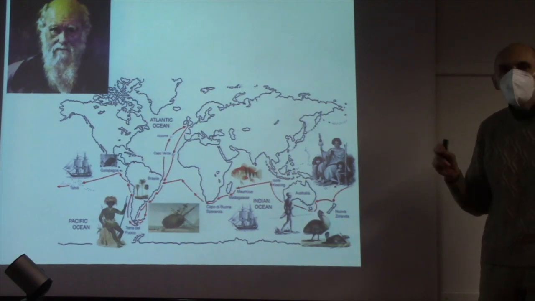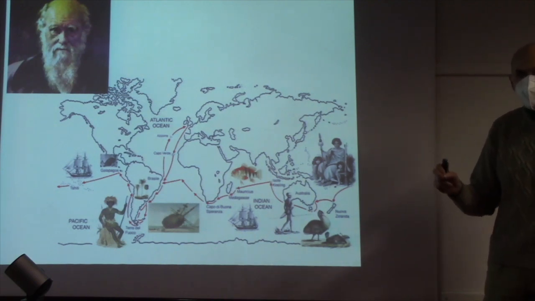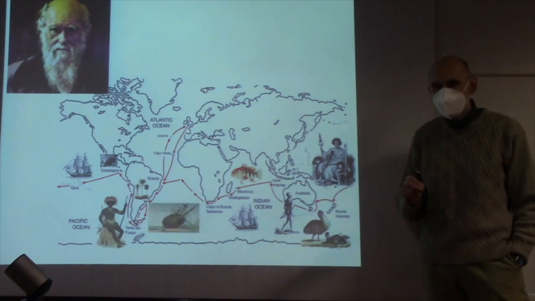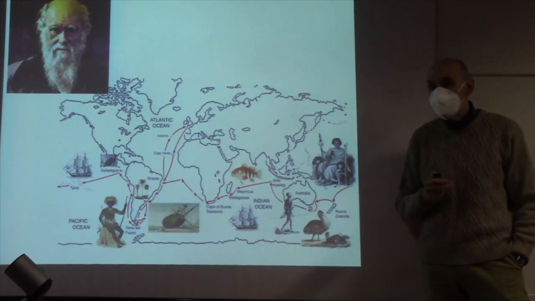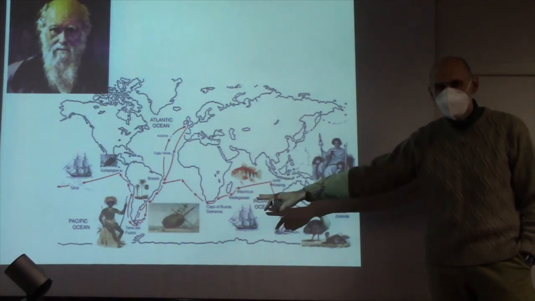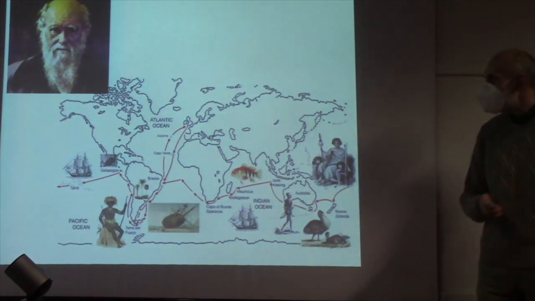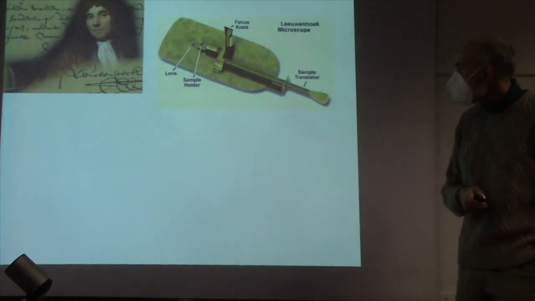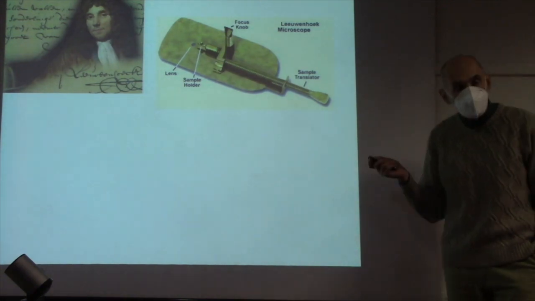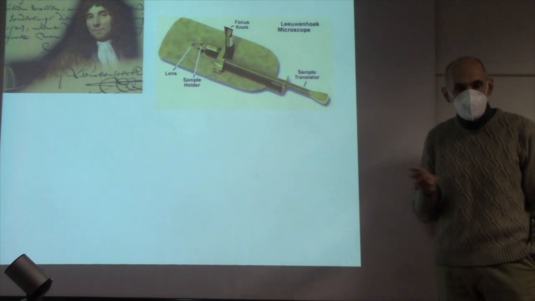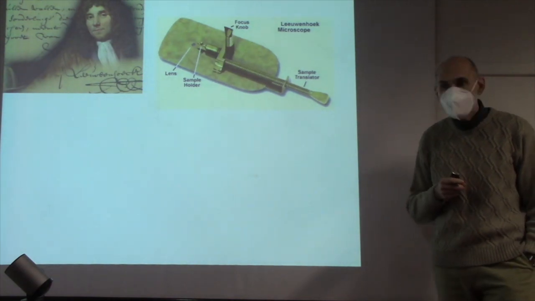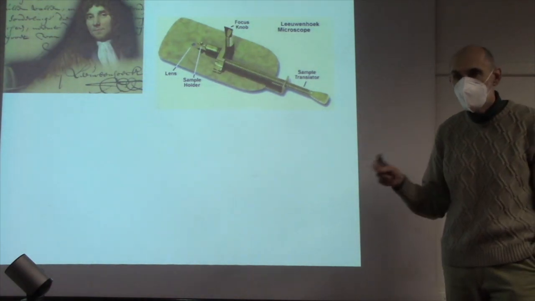He was just collecting data. Collecting data is a scientific endeavor, a scientific activity. It may sound trivial, uninteresting, intellectually not stimulating, but data are essential to do science. You don't do science without data. When van Leeuwenhoek invented the first microscope, he had no idea that he would discover a microscopic world.